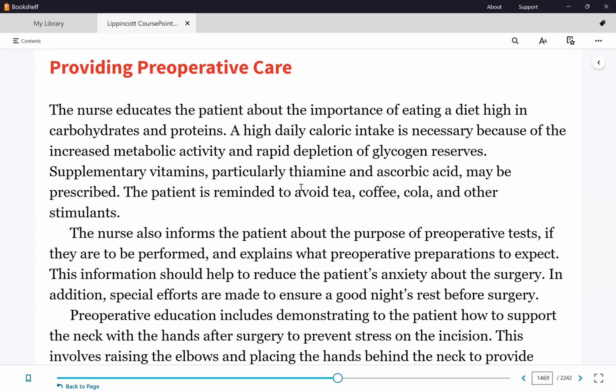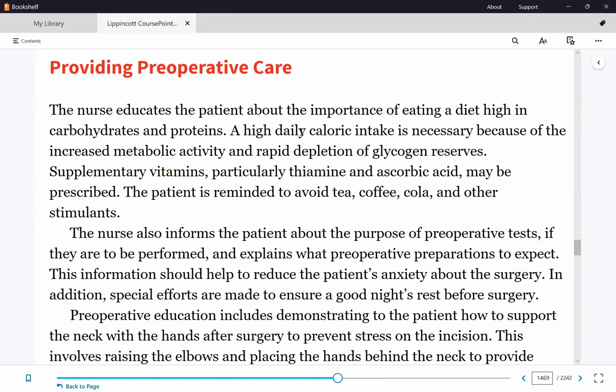High calorie, high protein diet, to make sure they survive surgery, because when they have surgery, do they need to heal? Yes, so we need to give them enough calories so that they can heal post-op. In fact, were they malnourished before the surgery? Most likely, yes. They're probably in a negative nitrogen balance because of the hypermetabolic state of the body.